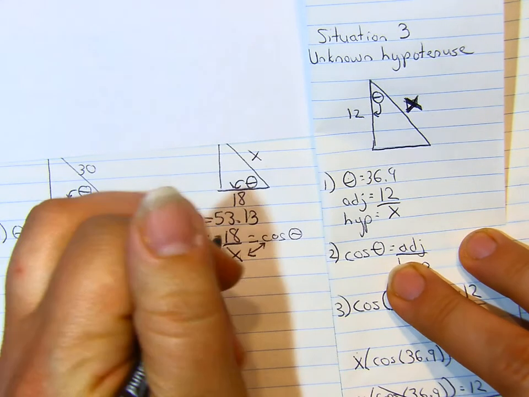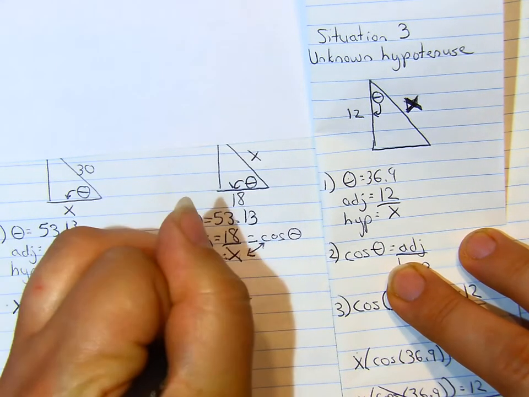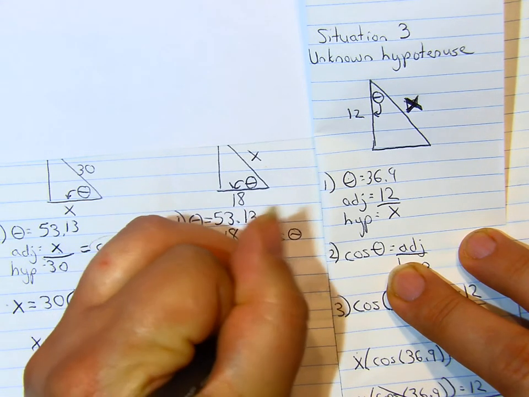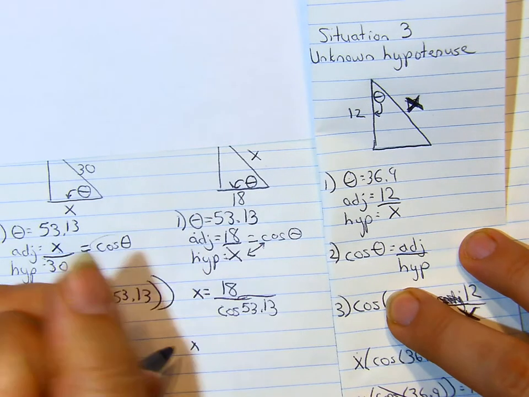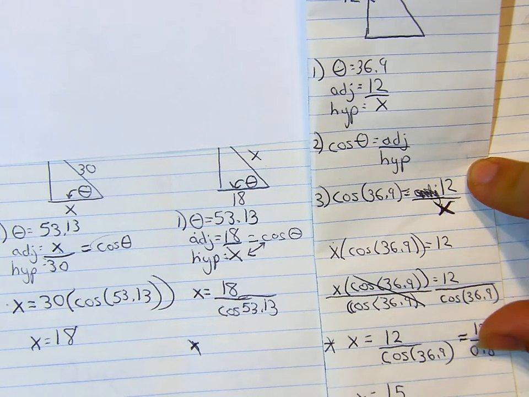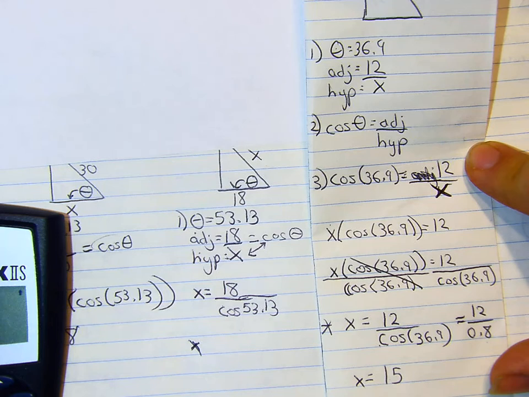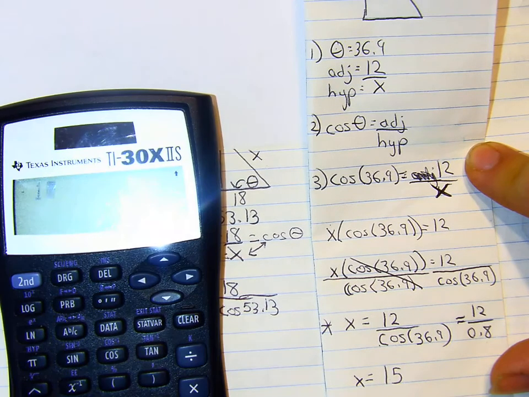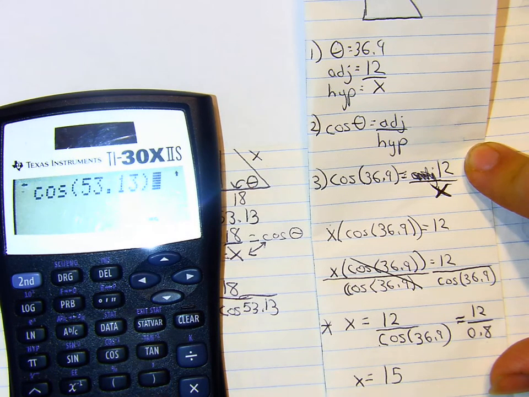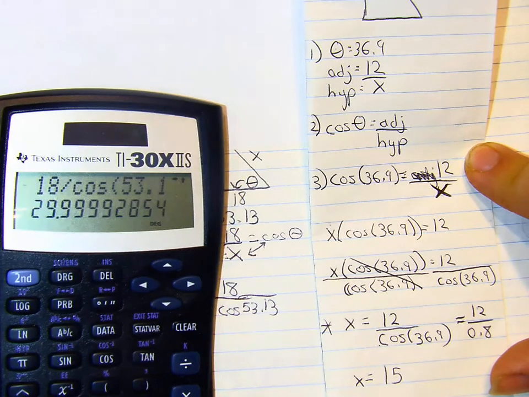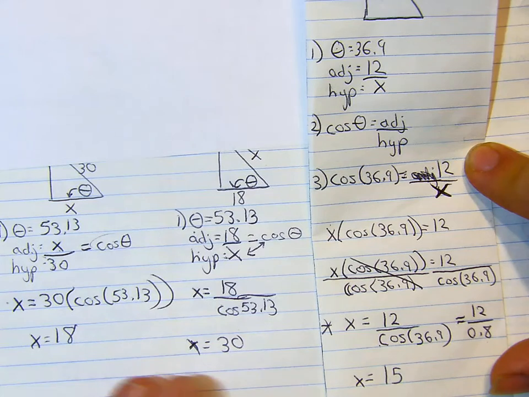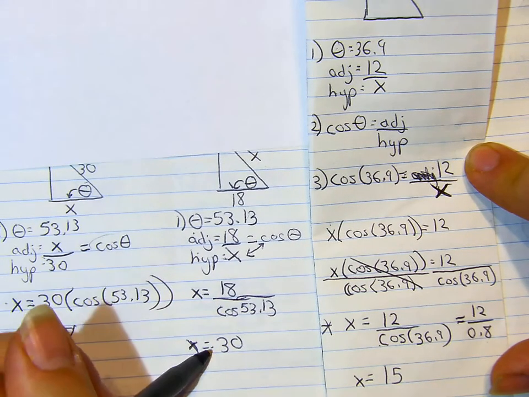So x equals 18 divided by the cosine of 53.13. Okay, so 18 divided by cosine 53.13, 29.9999999. So if we round that, we get 30, which checks out.